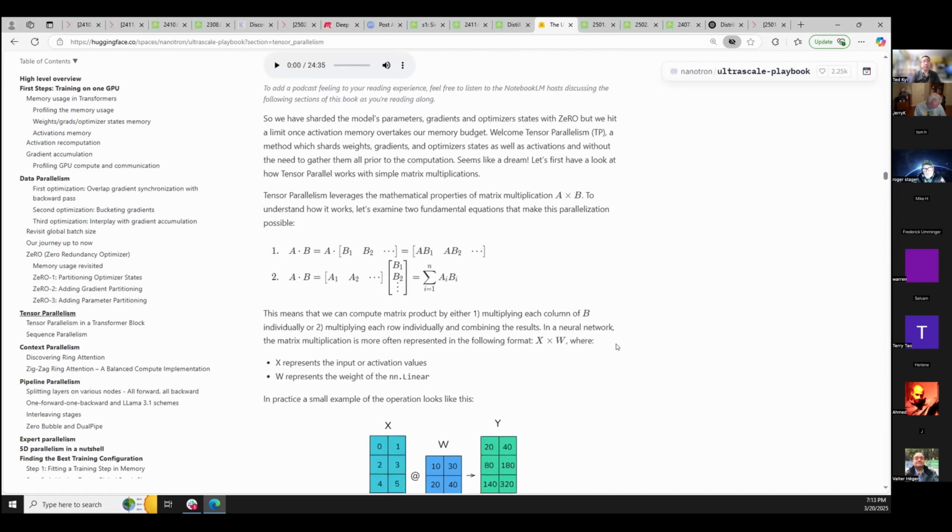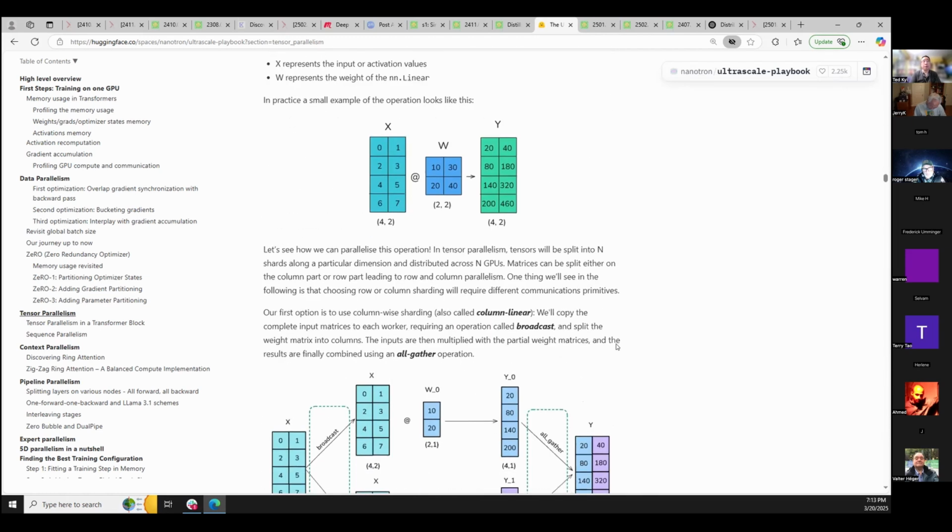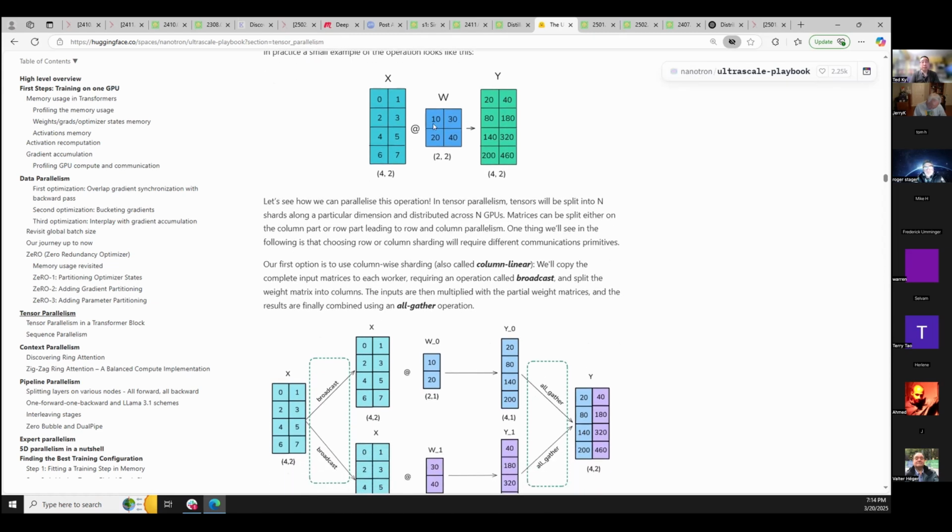So in the article, they show some examples. Here's an example of matrix multiplication of a 4x2 times a 2x2 matrix resulting in a 4x2. And then they show two ways in which you can split this. One thing you can do is, if you see this W matrix, which is 2x2, you can split it by its columns.